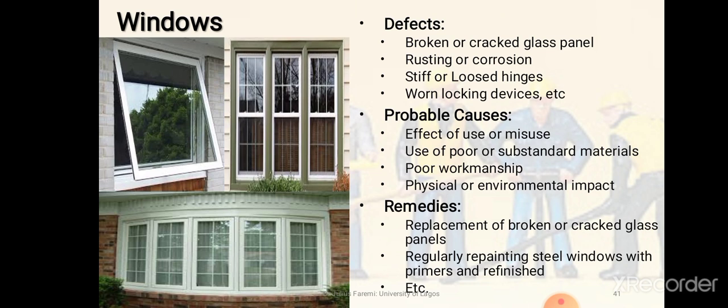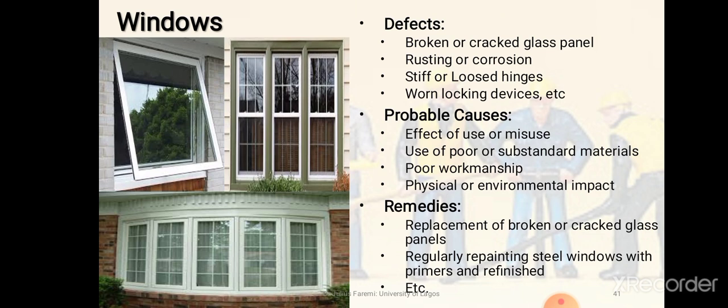Windows can be constructed of varieties of materials, and depending on the type of material that is used in the construction of windows and the type of window, the defect also varies.